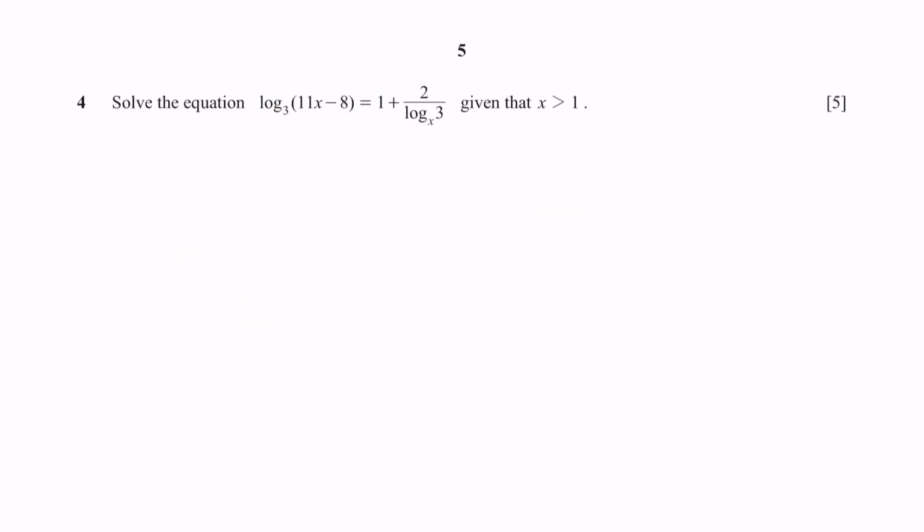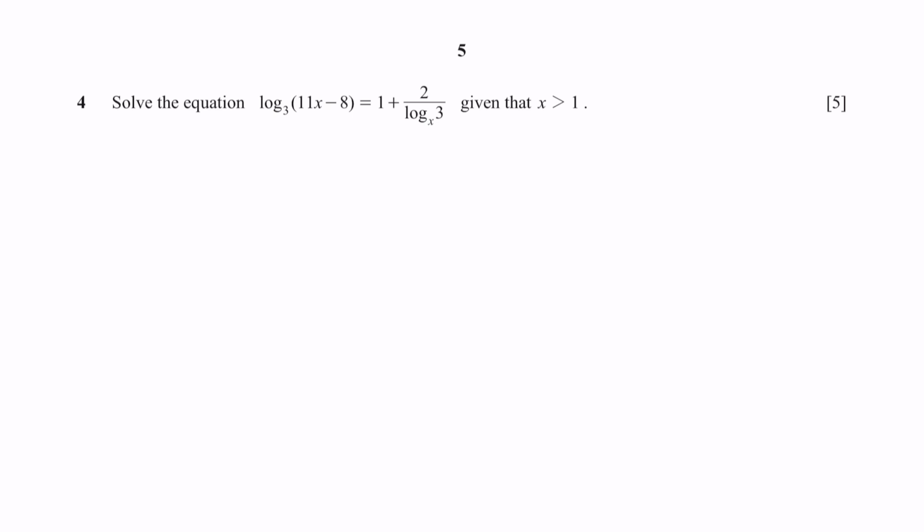Question 4. Solve the equation log base 3 of (11x minus 8) equals 1 plus 2 over log base x of 3. Okay, so we have two log terms, but they have different bases.